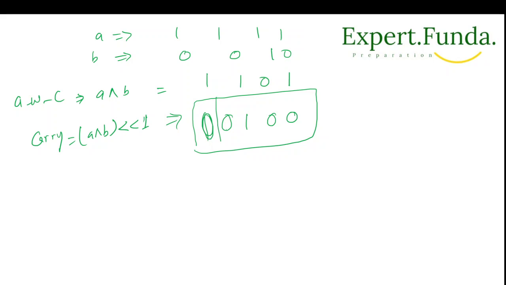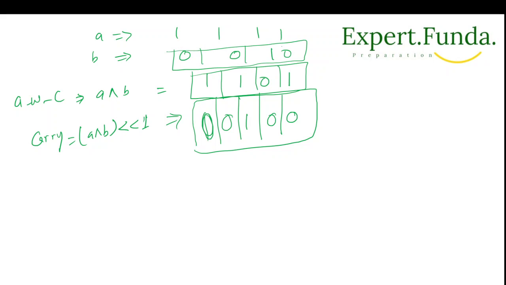If we represent this like this, it will become like this, okay? I think you understood, right? And this is our B, and this is our A. Let me change the color.